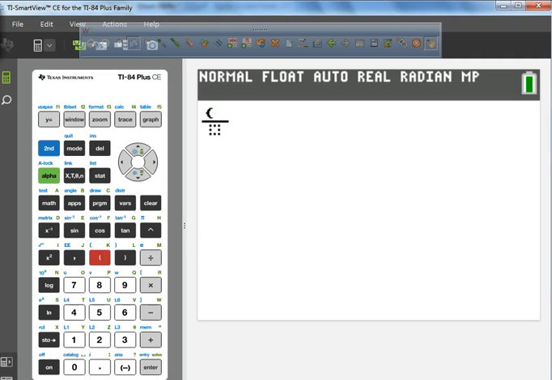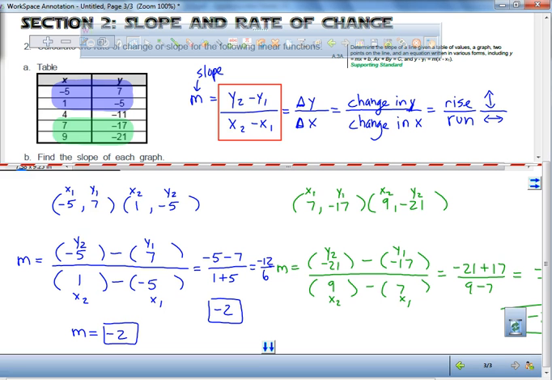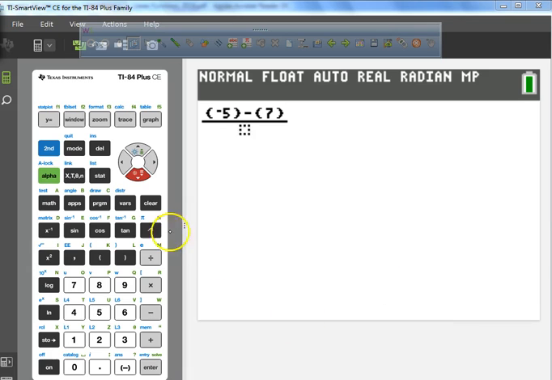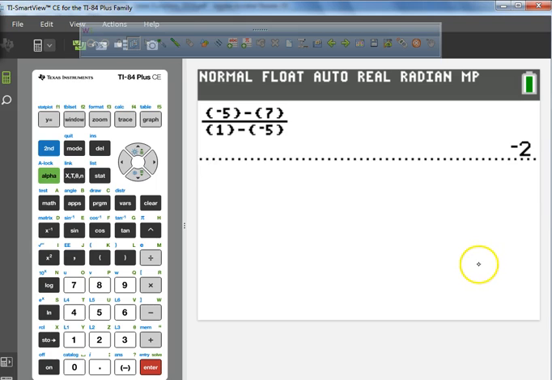So over here, I'm going to go -5, close parentheses, minus, open parentheses, a 7. And what did I put in the denominator? A 1 minus a -5. So in parentheses, I did 1 minus a -5. And I press enter. What do you get? -2. So you can use the calculator to do that.